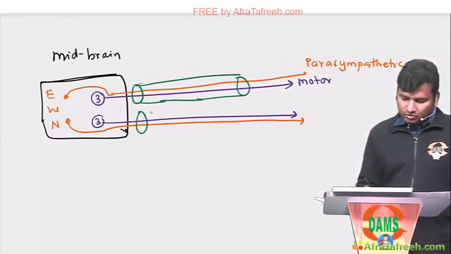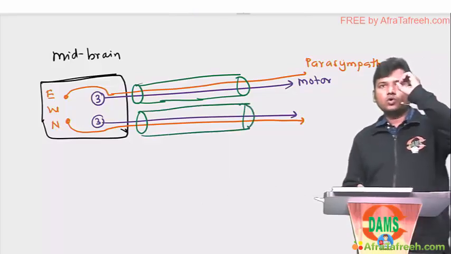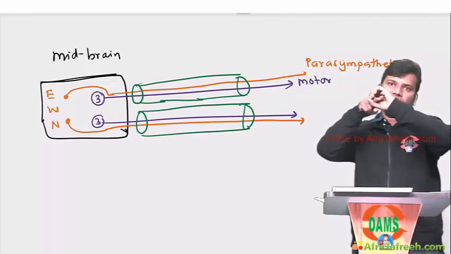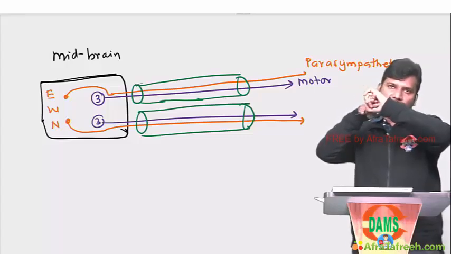What is the meaning of nerve? Nerve is nothing but a hollow pipe. In that hollow pipe, you can keep multiple fibers: sensory fibers, motor fibers, autonomic fibers. Okay.